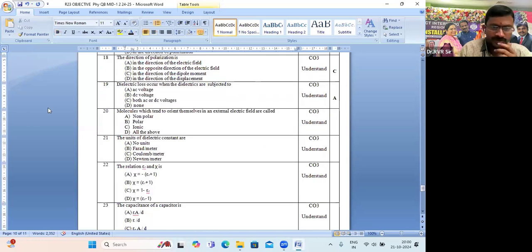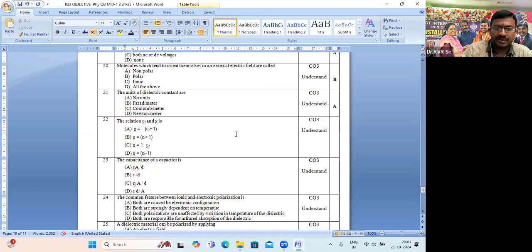Now molecules which tend to orient themselves in an external electric field are called polar molecules. Option B is the right answer. The unit of dielectric constant: because it is a ratio between the same parameters, there are no units.